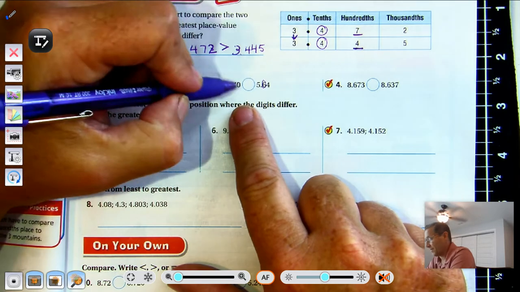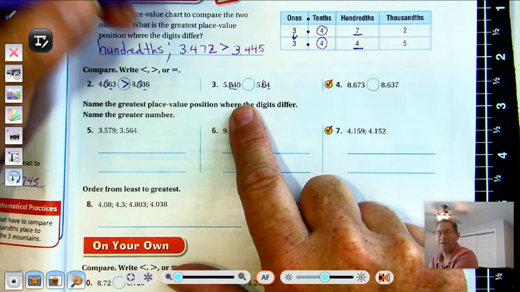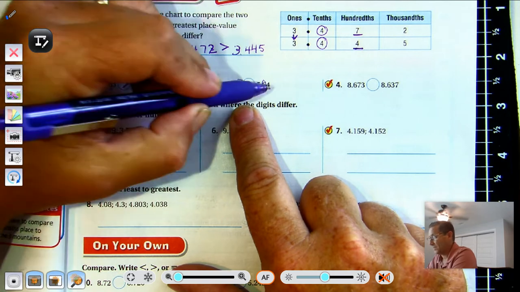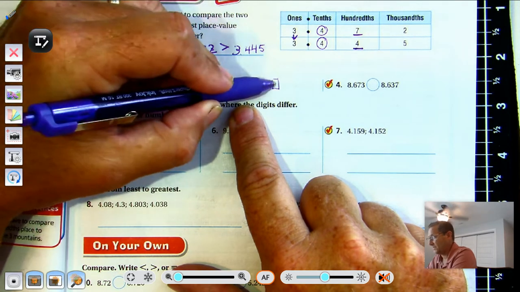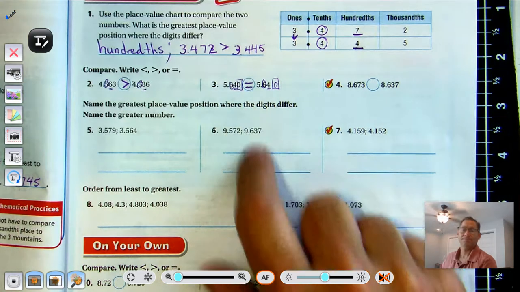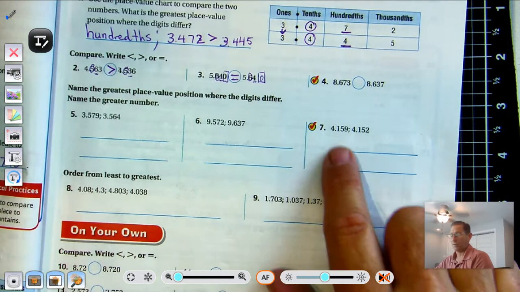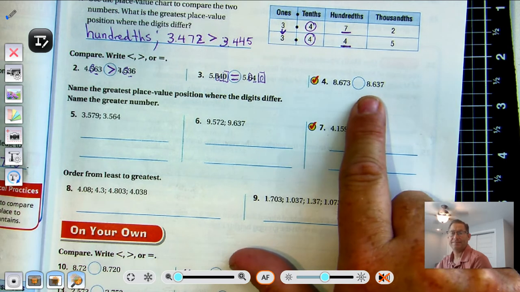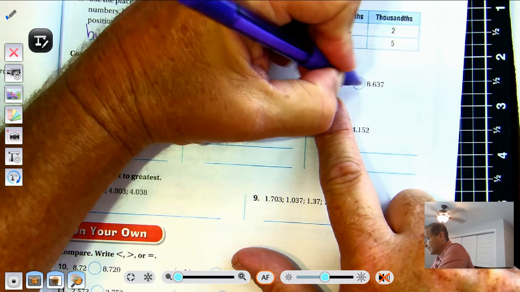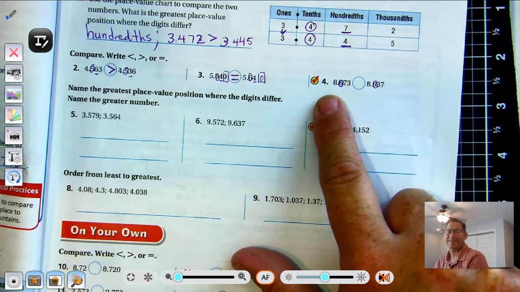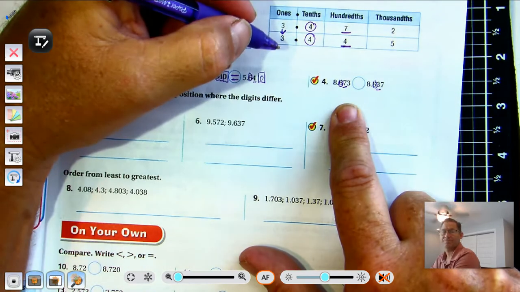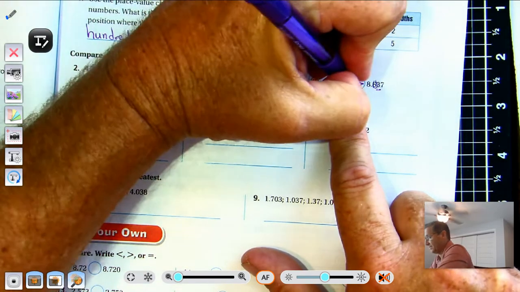Those are both the same. 4 hundredths, 4 hundredths. 0 thousandths, 0 thousandths. These two are equal. Number 4. 8 and 8 doesn't help. 6 tenths, 6 tenths, that's the same. 7 hundredths, 3 hundredths. 7 is greater than 3 hundredths.